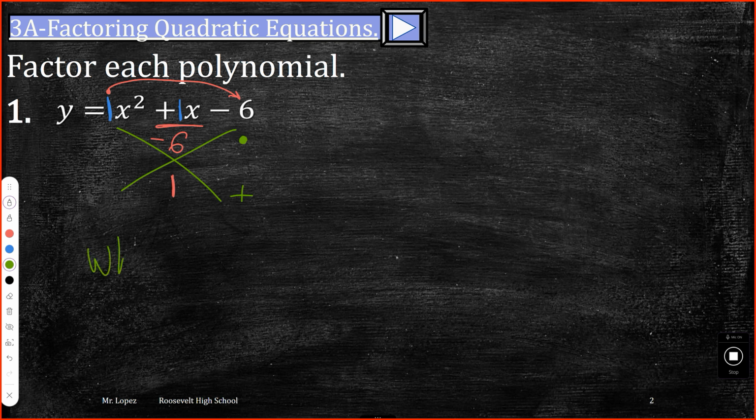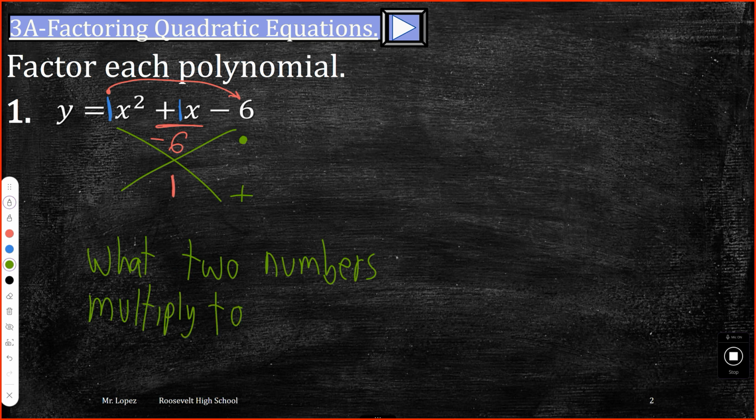What 2 numbers multiply to equal negative 6 and add up to, look at me, to what?